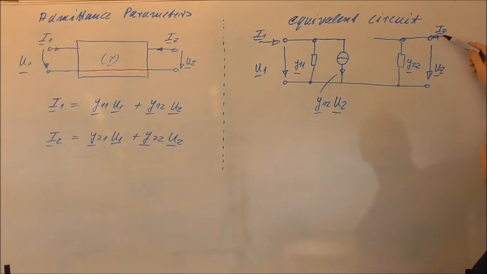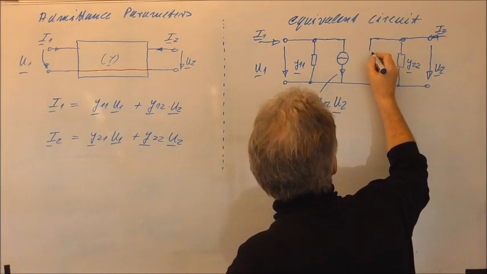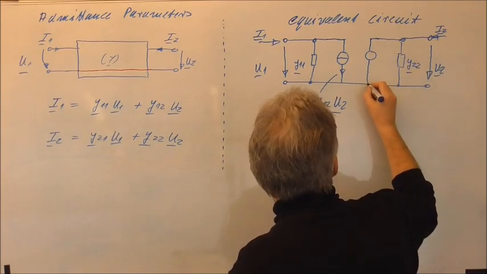So you see here again the current I2 consists of a current which flows due to the voltage U2, and also here we have to get the influence of the input.